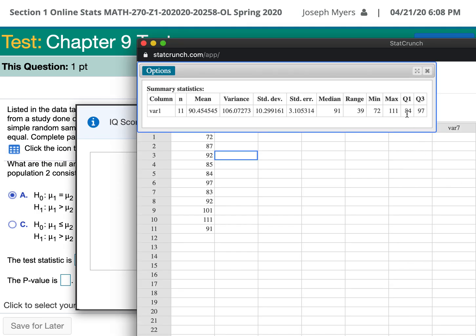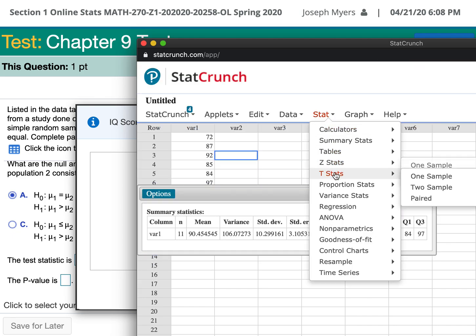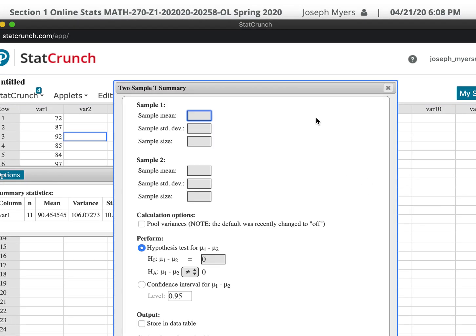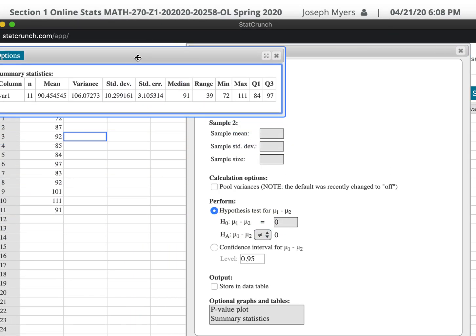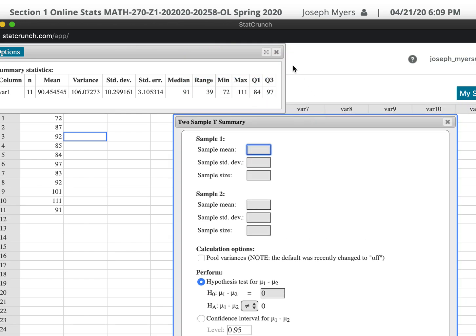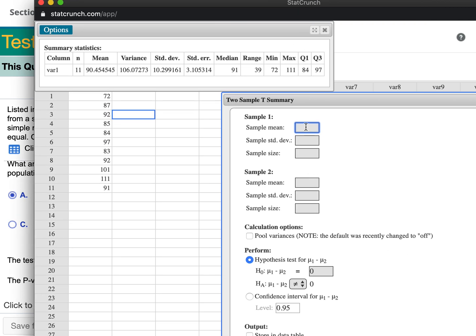So go back over here and choose stats, t-stats, 2 samples with summary. So open this up and then have this up here. And then in sample number 1, the medium blood level of sample 1, the sample mean of sample 1 is that number. The sample standard deviation is that number.